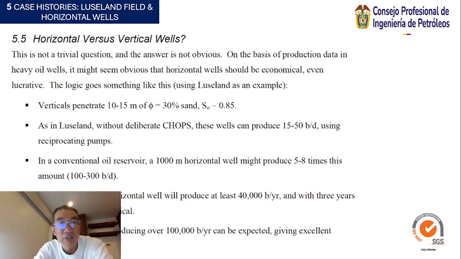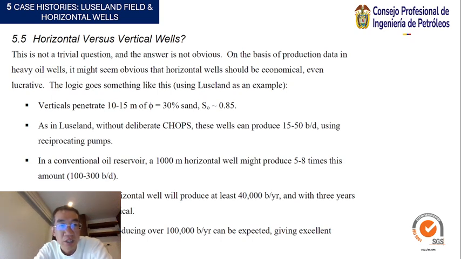5.5 Horizontal vs vertical wells. This is not a trivial question, and the answer is not obvious. On the basis of production data in heavy oil wells, it might seem obvious that horizontal wells should be economical, even lucrative. The logic goes something like this, using Luseland as an example.